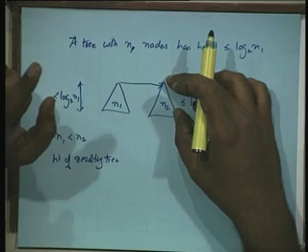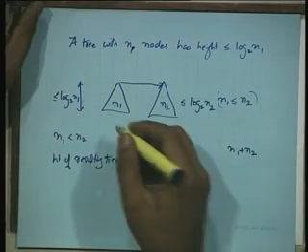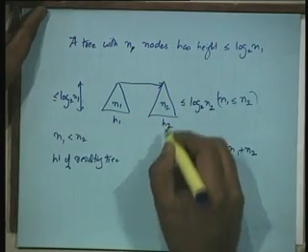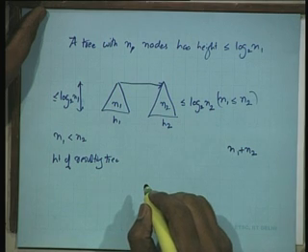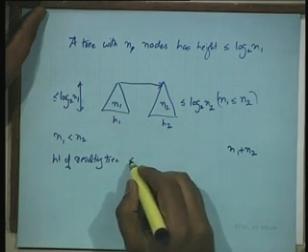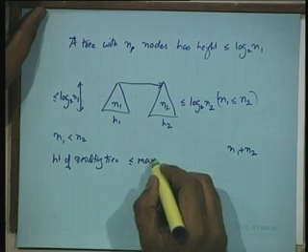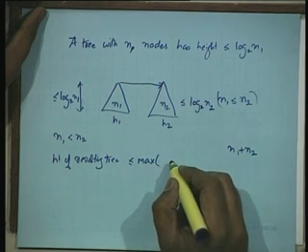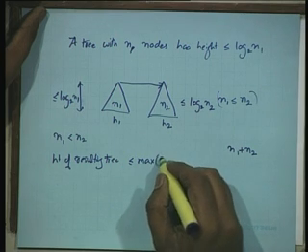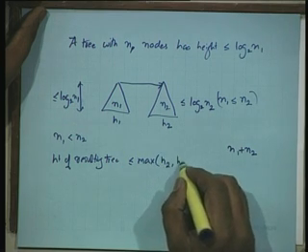So, height of resulting tree, अगर इसकी height h1 है और इसकी height h2 है, so height of resulting tree is less than or equal to max of h2 comma h1 plus 1.